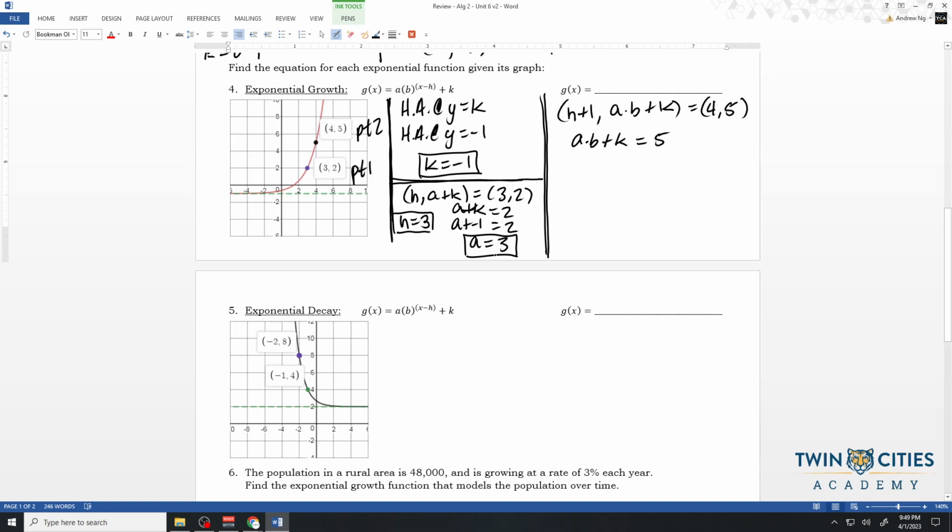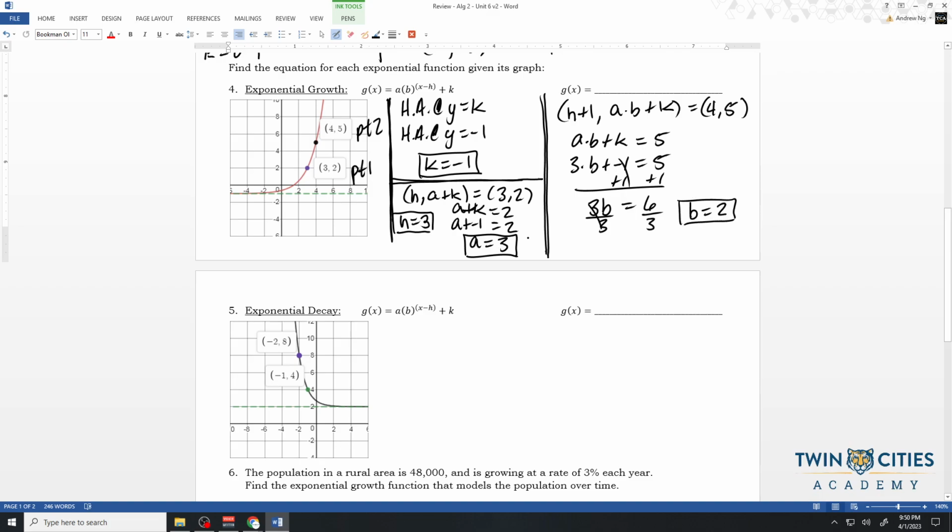And now that I know what a is, 3 times b plus, and I know what k is, -1, I can plug those in and solve for b. So let's add 1 to both sides here. I'll get 3b is equal to 6. And then when I divide by 3, b equals 6 divided by 3 is 2.